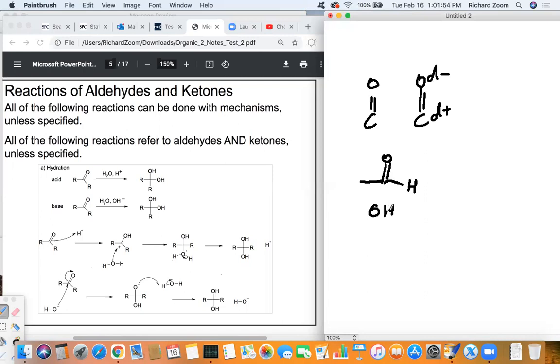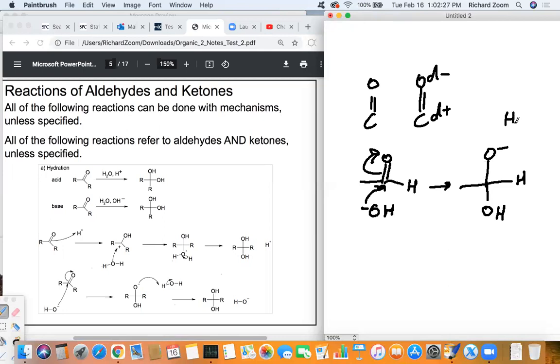OH minus would come in, and then the electrons would jump up on the O. You'll see that that's how it maintains having 4 bonds as well. The O now gains a negative charge that was on the OH, because now the electrons that were in the C double bond O are now on the O. So the O actually owns an extra electron it didn't have before.